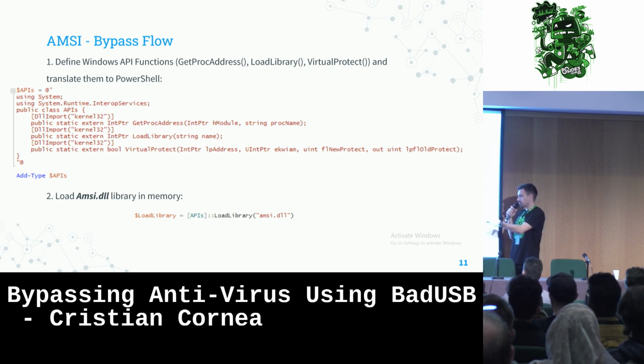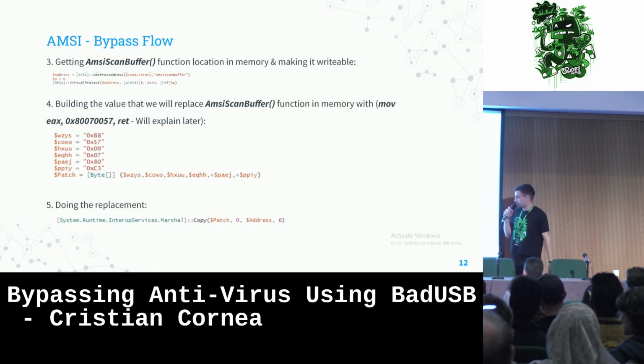And then VirtualProtect will be used to edit the function itself. This process is called patching. So we are patching memory addresses and return addresses within the memory, and for that we'll use VirtualProtect.